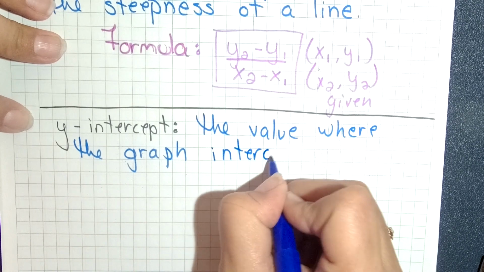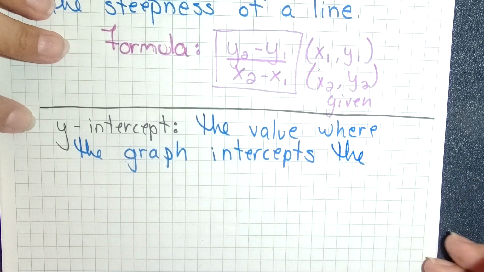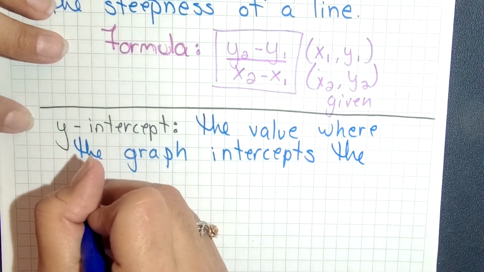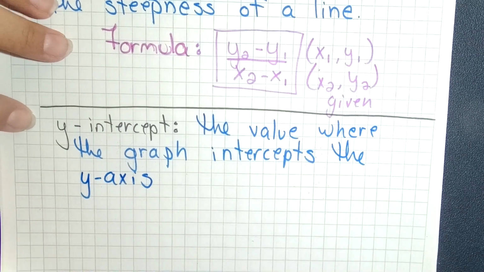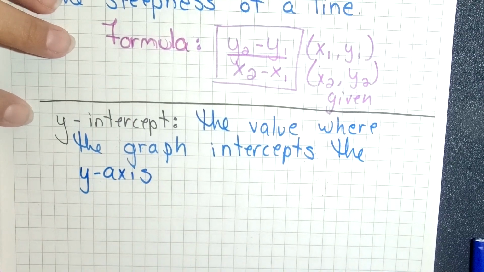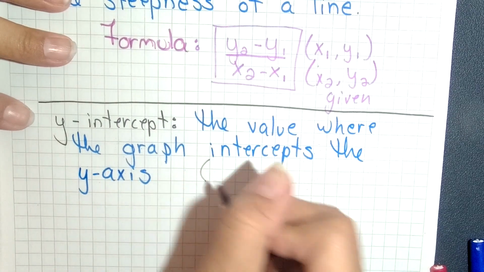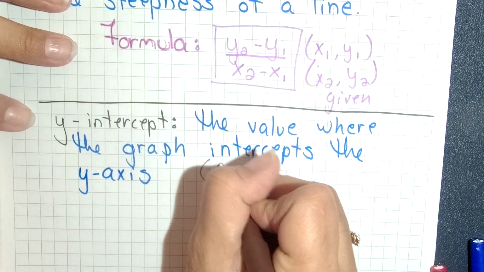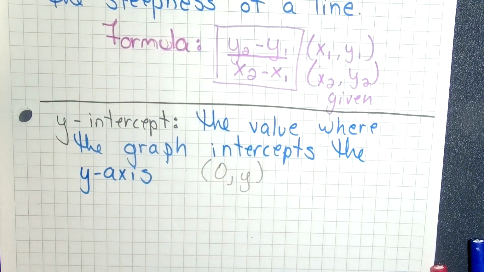It is a point though. The y-axis. Okay. That value is 0, comma y.